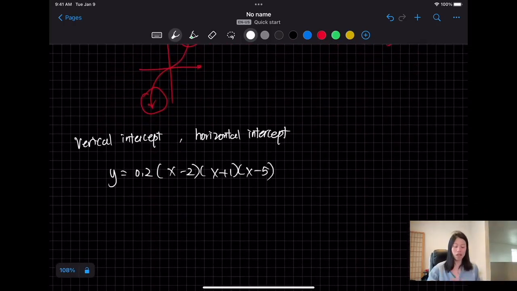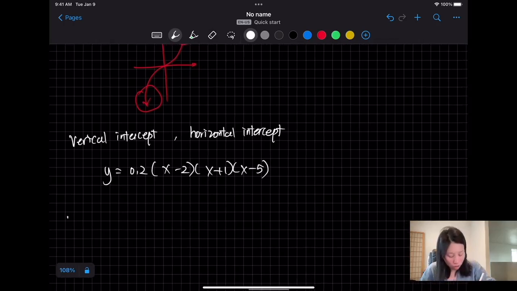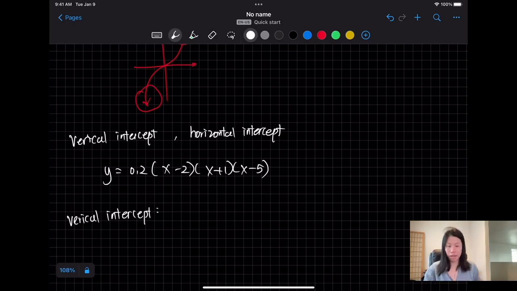Okay, so what's the vertical intercept? The vertical intercept is also called the y-intercept. That means when x equals 0, the value of the function is the vertical intercept. So in this case, we substitute x equals 0 into the function.